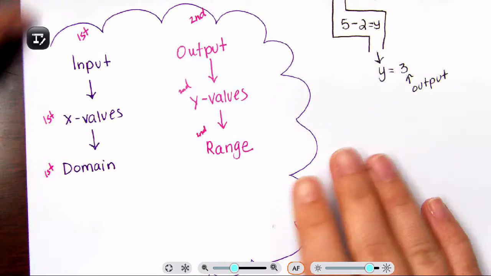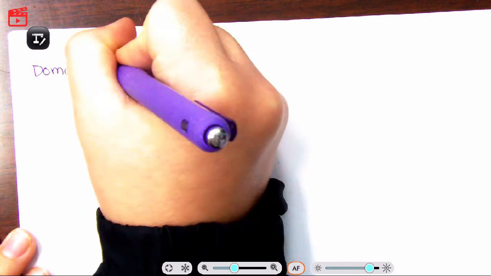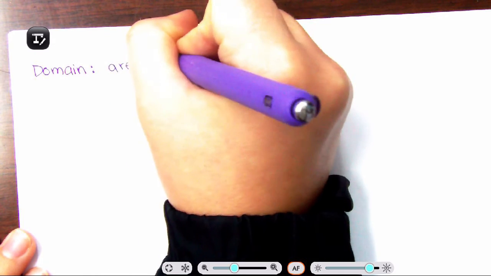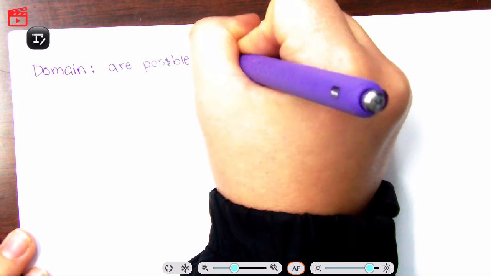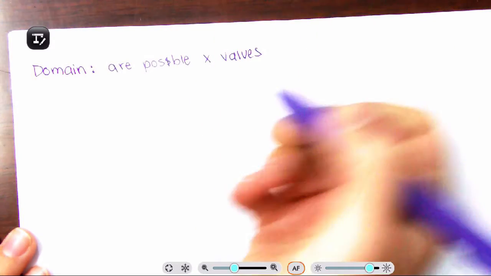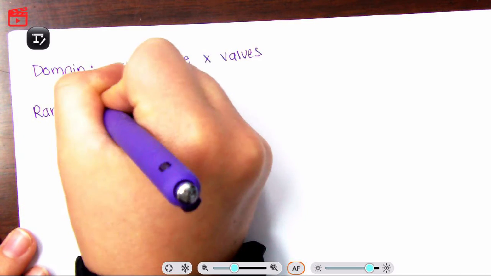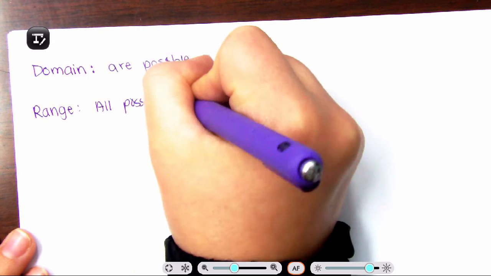So when it's asking you, what is the domain? Let me write this out. The domain are all possible x values. The range are all possible y values.